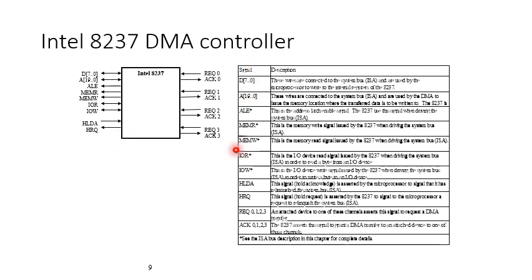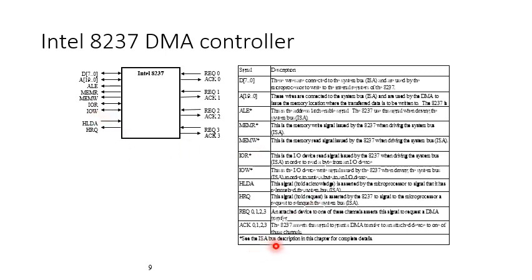So this is the description, and this particular Intel 8237 DMA controller is basically used with the ISA bus. For the ISA bus we need all these address latching, memory write, memory read, IO device read, and IO device write signals.